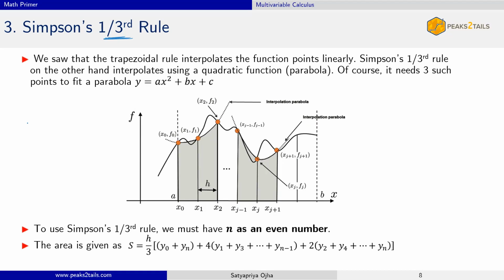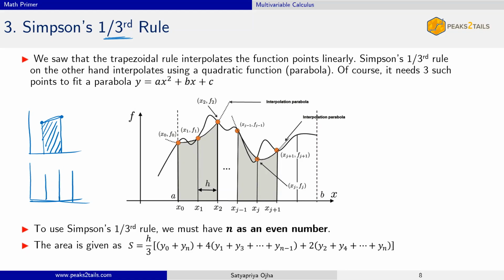So remember, in trapezoid rule, we did this, right? For any segment, you do a linear interpolation, and this becomes a trapezium. That's trapezoidal rule. You need any 2 points to perform a linear interpolation. In case of Simpson's one-third rule, you actually need 3 points.